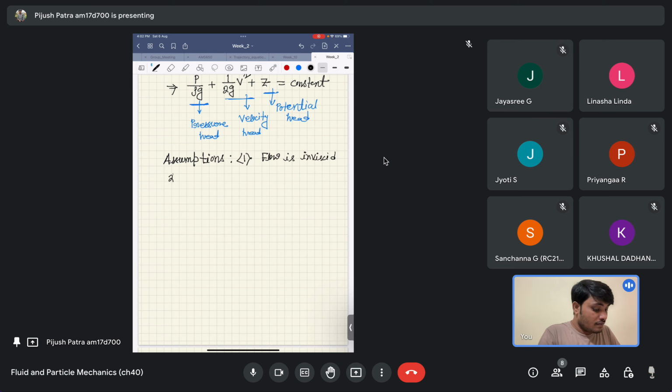What is the second assumption? That rho is constant. The second assumption, that the flow is a steady flow. That's what that dou v dou t term is 0.